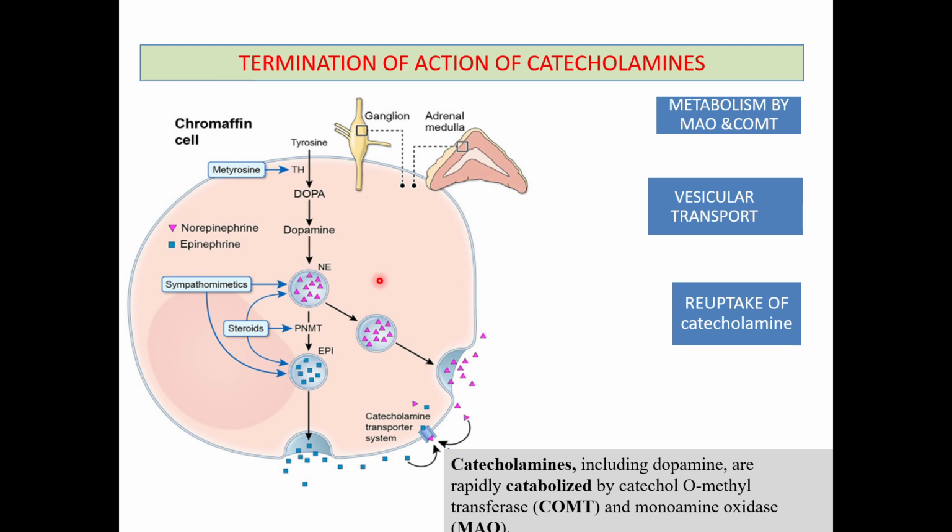Now, the termination of the catecholamines. Once these catecholamines are released, they can be terminated in three ways. First, reuptake of catecholamines. Whichever norepinephrine or epinephrine is released from the adrenal medulla is taken back up through the transporter present on the membrane.